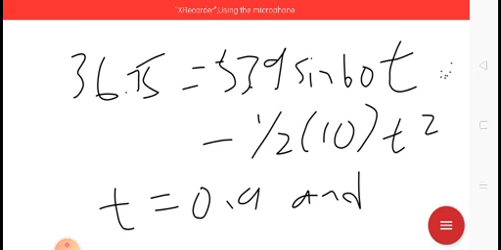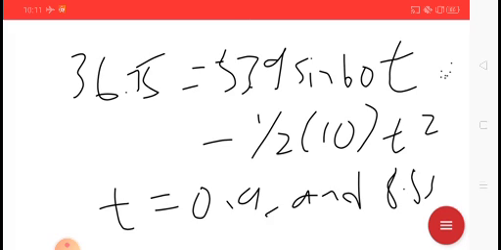and 8.5 seconds. Most probably, because this is a projectile motion, and projectile motion means it's a symmetrical graph, the two sides will have the same height. So 0.9 means the first time that it has a height of 36.75, then it reaches the maximum and comes down again.